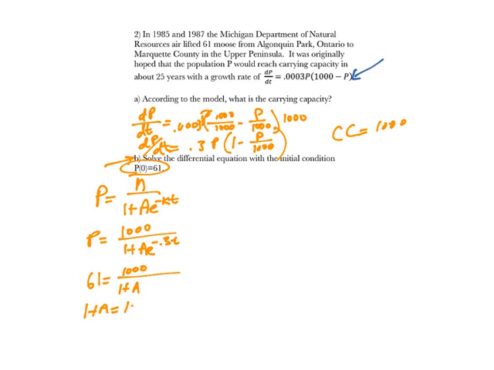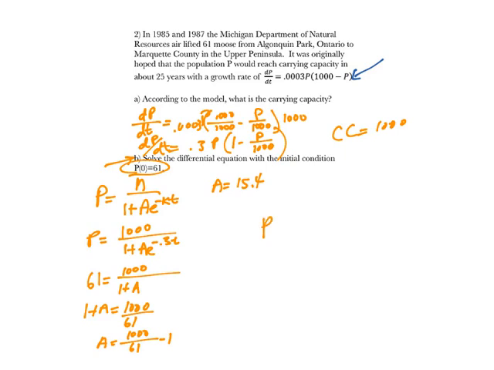So I have 1 plus A equals 1,000 over 61, or A equals 1,000 over 61 minus 1. So if I were to find out what that is in my calculator, I get 15.4.